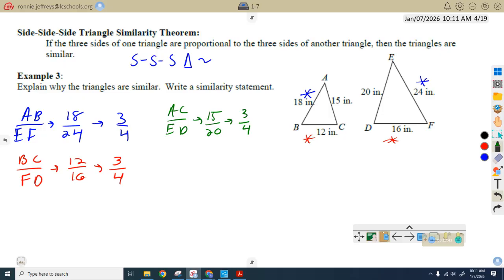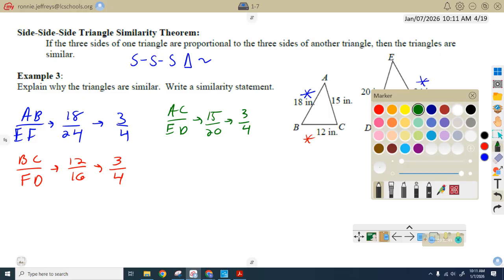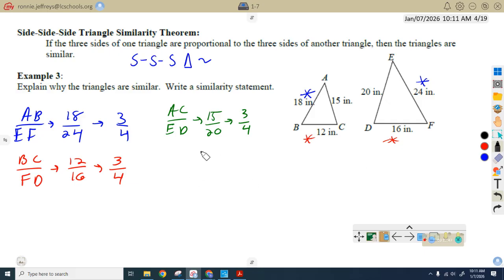So all of our sides are in proportion. So triangle ABC is similar to triangle EFD by side, side, side, triangle similarity.